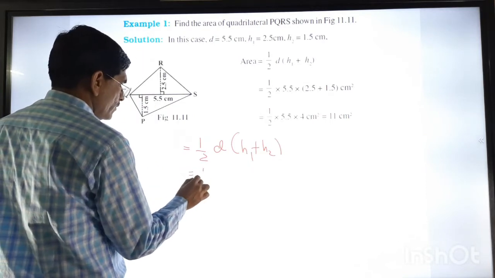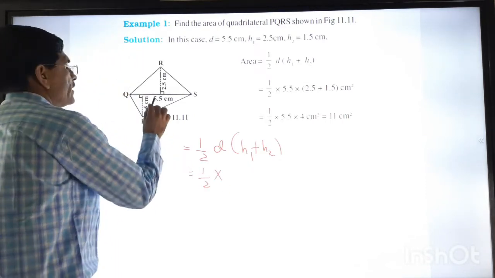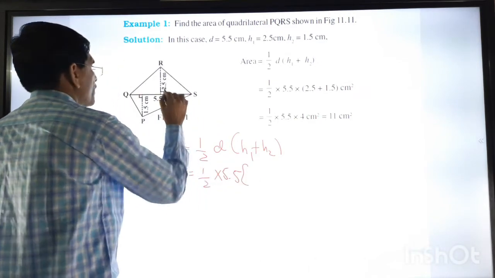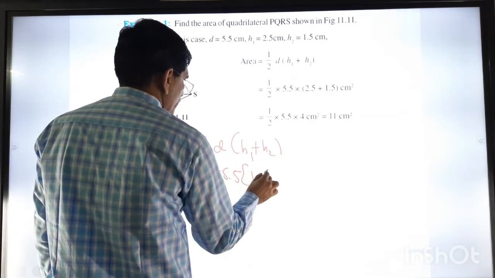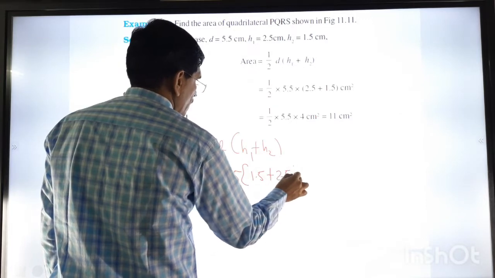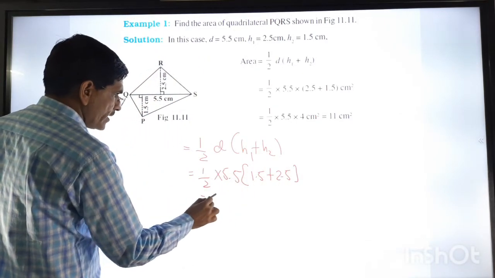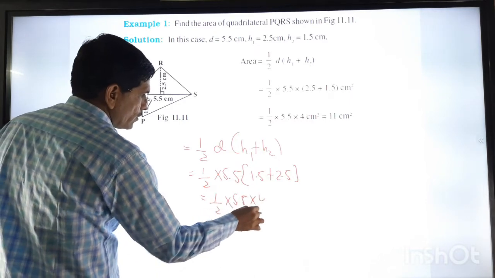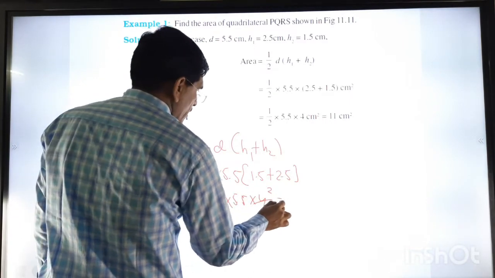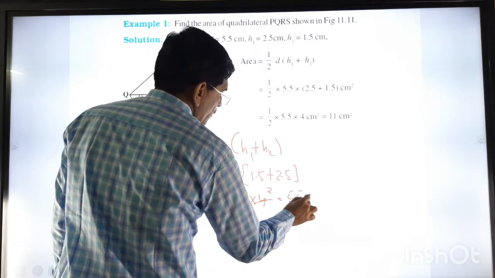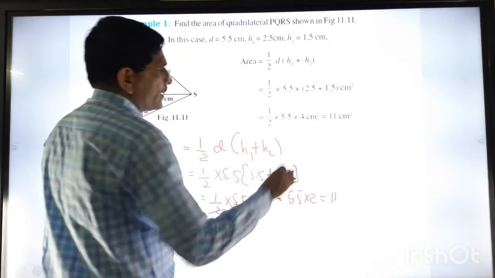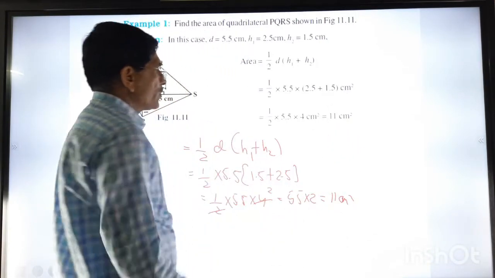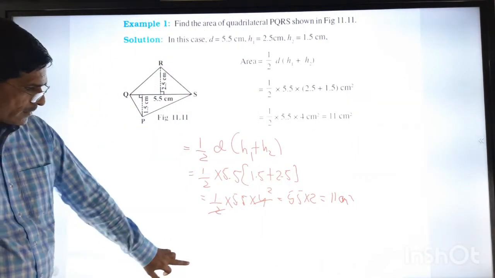So 1 by 2, diagonal d is 5.5, h1 plus h2 is 1.5 plus 2.5, that is 4. So 2 2s are 4, and 5.5 into 2 is 11 centimeter square. So here we already have the answer.